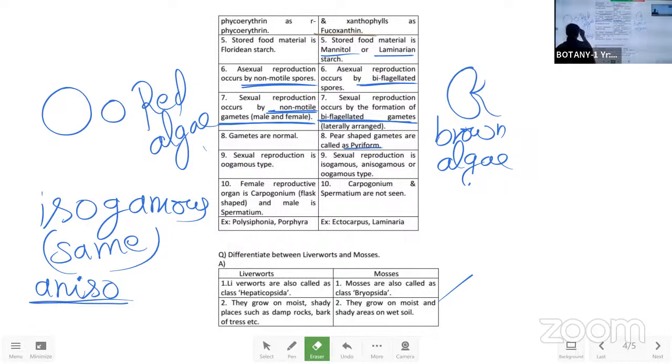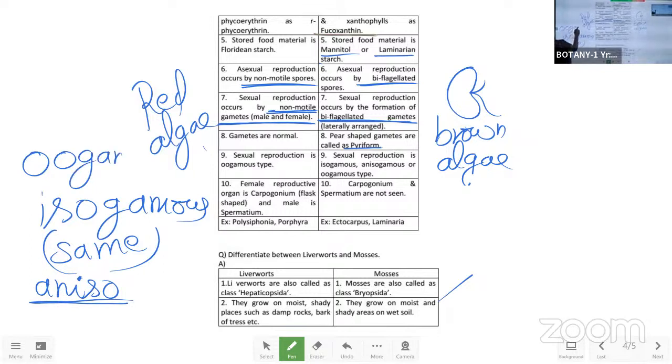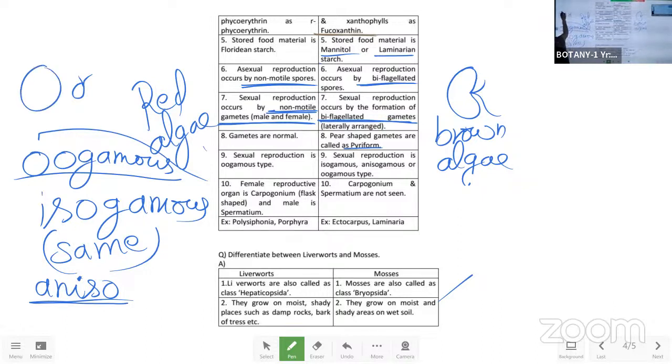And the last one is the oogamous type. Oogamous means in this only one gamete is motile. That is the male gamete, which is having a small size. That is the motile one. And the female gamete is completely bigger and non-motile in nature.